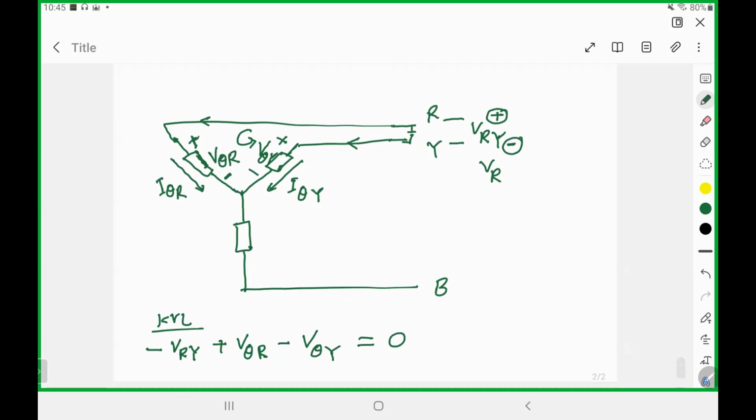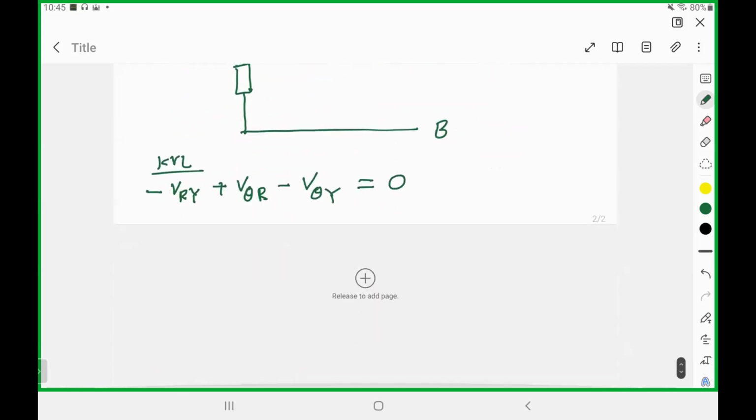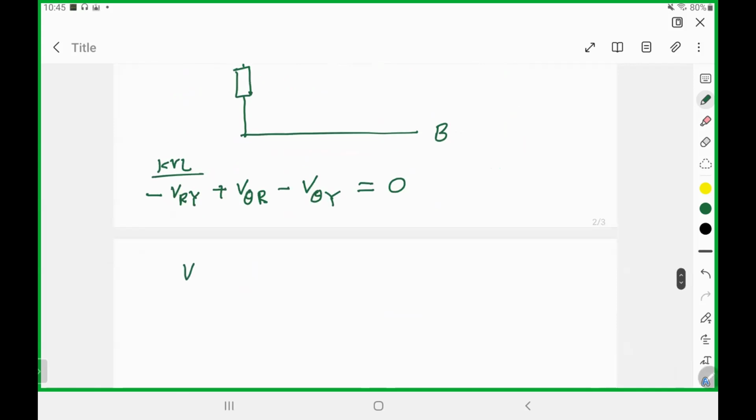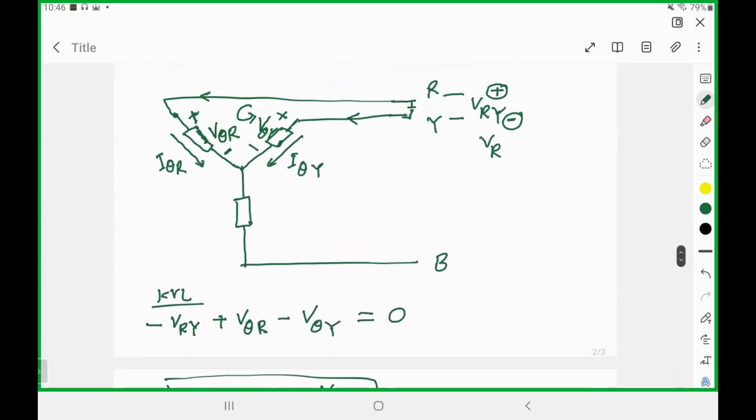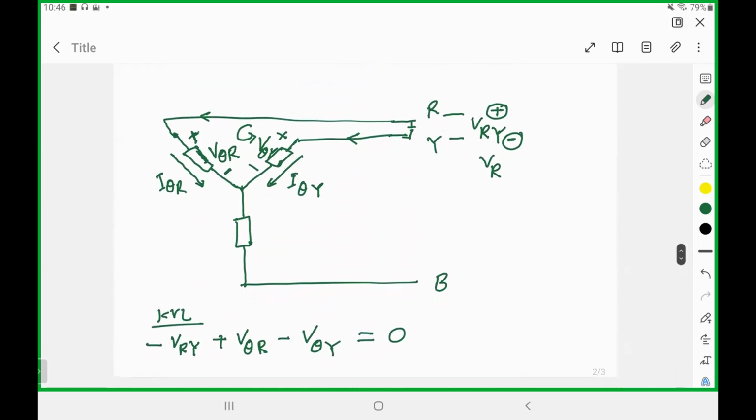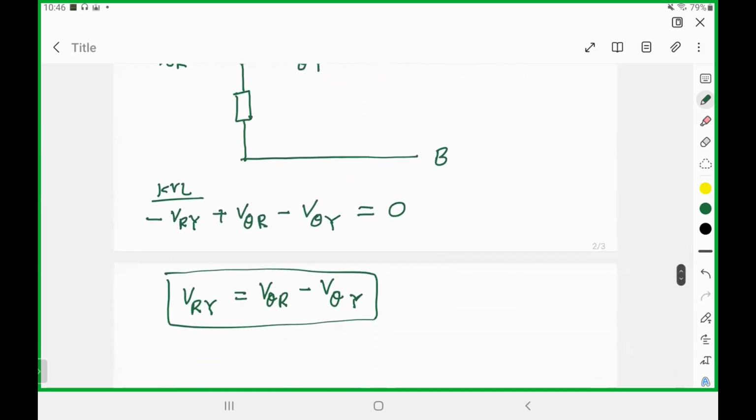So if you simplify this one, I have to take VRY to the other side, then it will be equal to V theta R minus V theta Y. Can I write? I will upload this one so you don't need to worry. So this will be the equation.